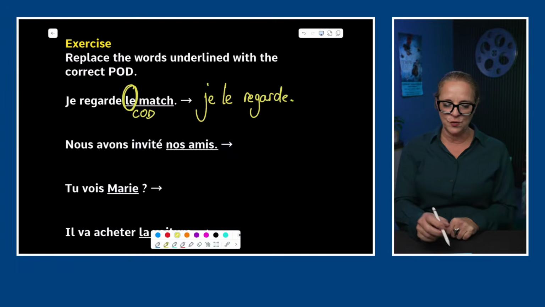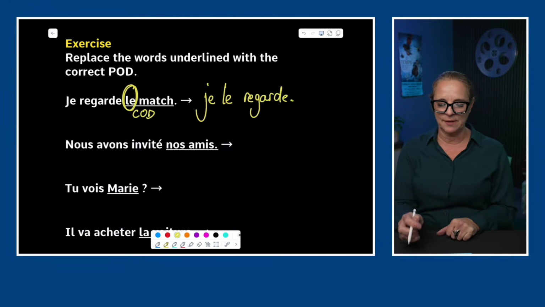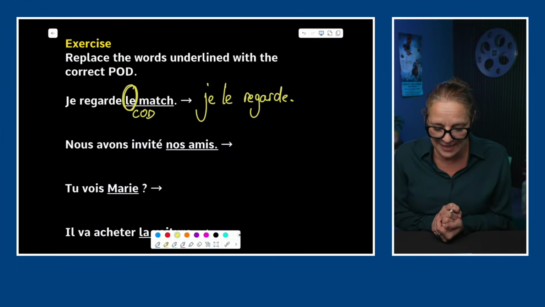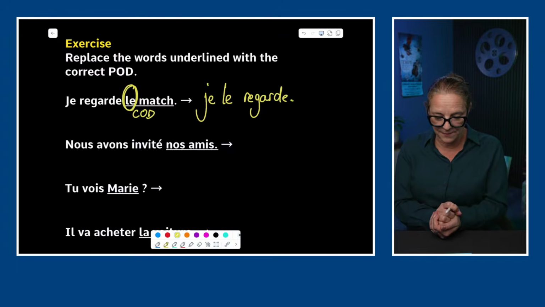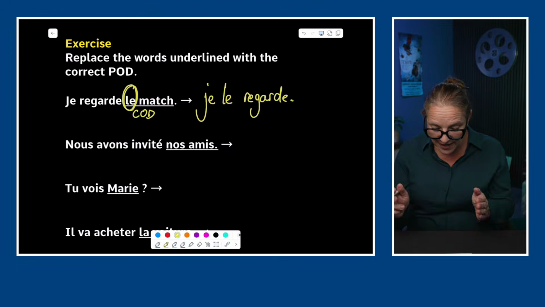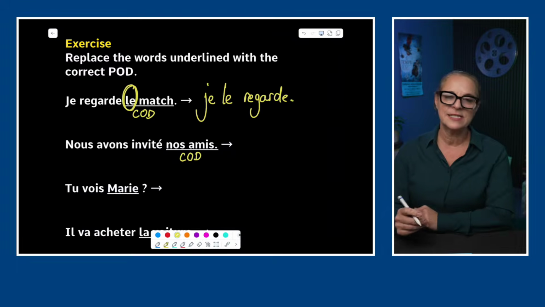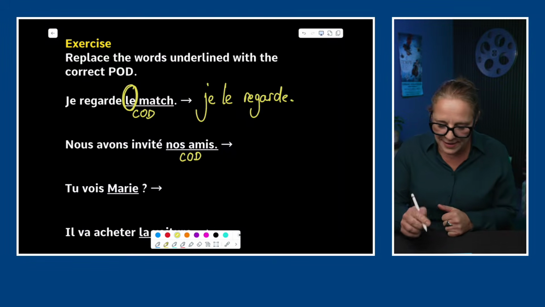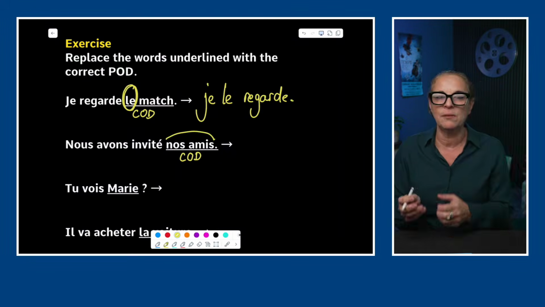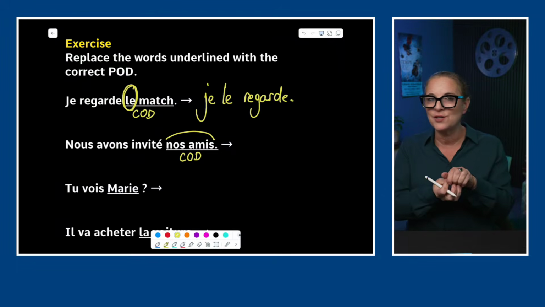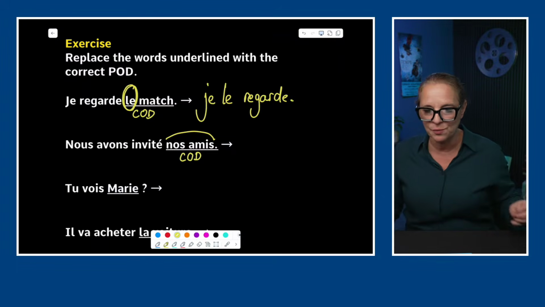What is nous avons invité nos amis? We have invited our friends. How do you replace our friends by a pronoun? What does this become when you don't want to use nos amis, but you want to use the pronoun instead?